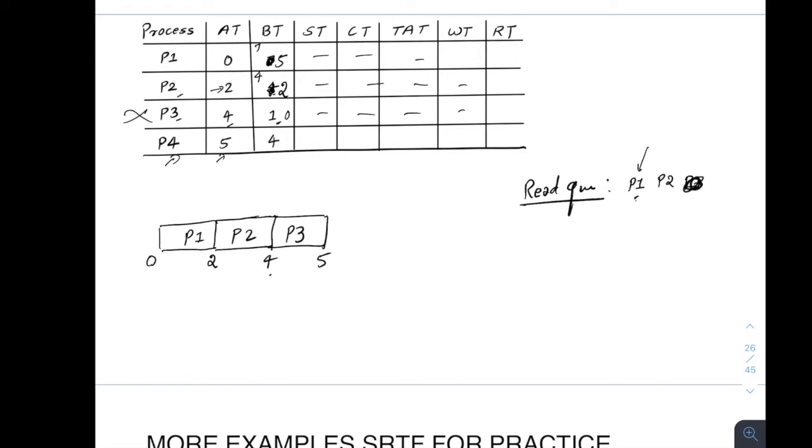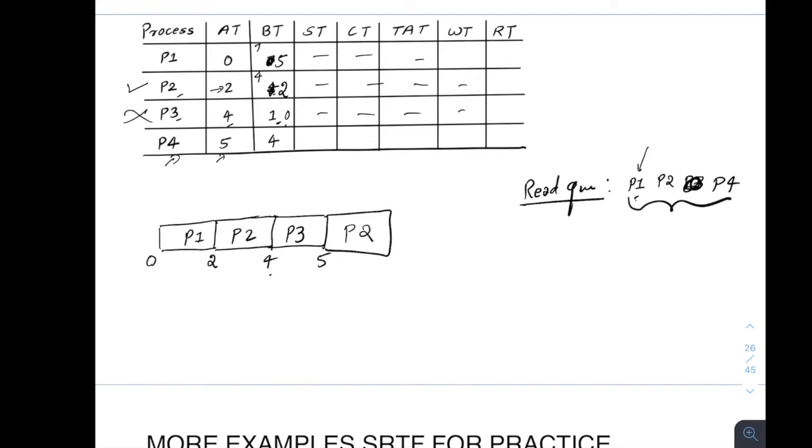Now at time 5, P4 has also arrived. Now you have all these processes. Among these, who has the least remaining burst time? So this is done, 0, 5, 2 and 4. P2 is the candidate. Now P2 will get all the time, because you do not have any new process arriving in the ready queue.